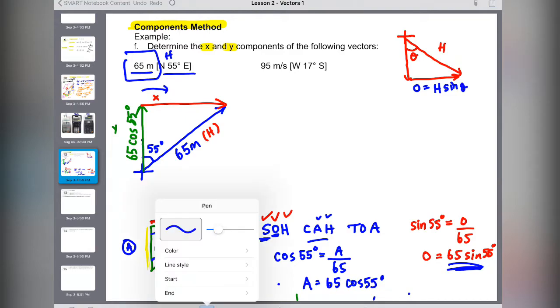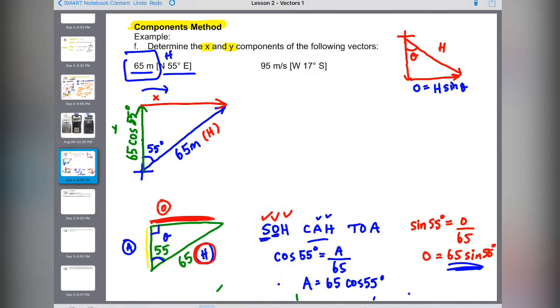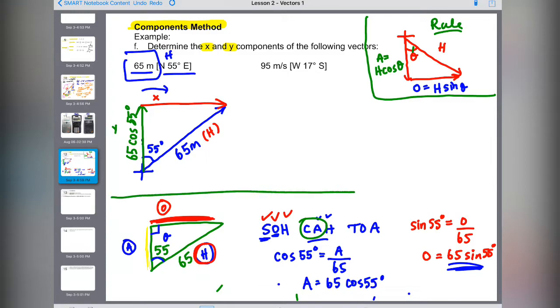If I ever want to calculate the adjacent, it goes with the cosine, so it's always the hypotenuse times the cos of theta. So this is the little rule of thumb to help you figure it out quickly. The bottom one is the proof of using just trigonometry.